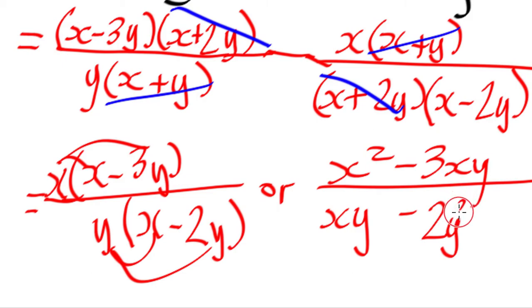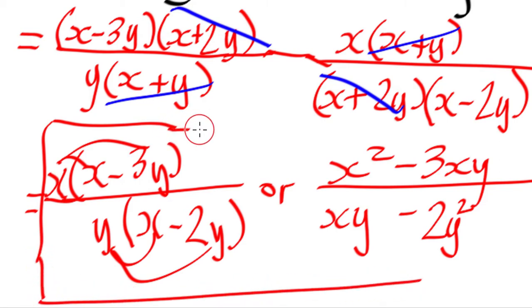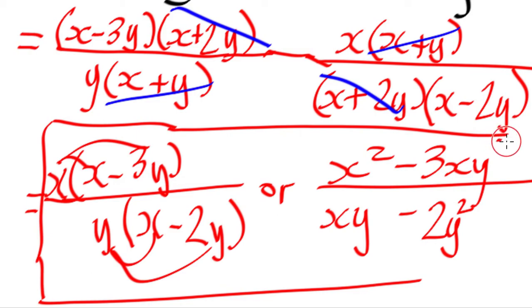Okay, so either of them can be our answer. Again, it depends on the directions of the test. If it says it should be in factored form, then this will be our answer. If it says to expound it, then this will be the answer. Either way, they are equal, so either of them is correct.